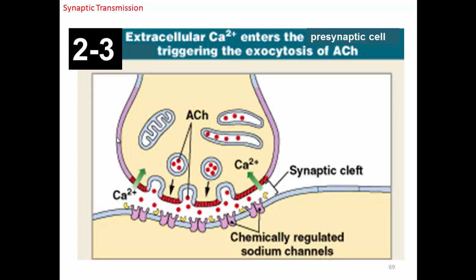Those voltage-gated calcium channels are opened by that action potential that has come down to the knob. So now we can see calcium is entering into our synaptic knob. The next thing that happens is that the calcium acts as an intracellular messenger inside the knob, and this messenger basically tells the knob to release the neurotransmitter. So the calcium triggers the exocytosis of the neurotransmitter acetylcholine. So we can see that the acetylcholine has been exocytosed into the synaptic cleft.